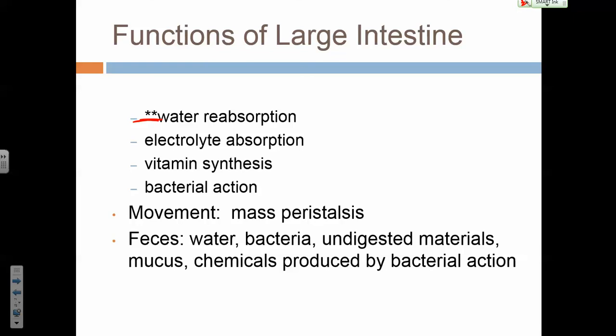So sometimes they suggest that you take vitamins in addition to those antibiotics to resupply some of the vitamins that you're not getting. Now, most of the vitamins you get from the foods you eat, but these bacteria can produce some. The movement through is more of a mass peristalsis.